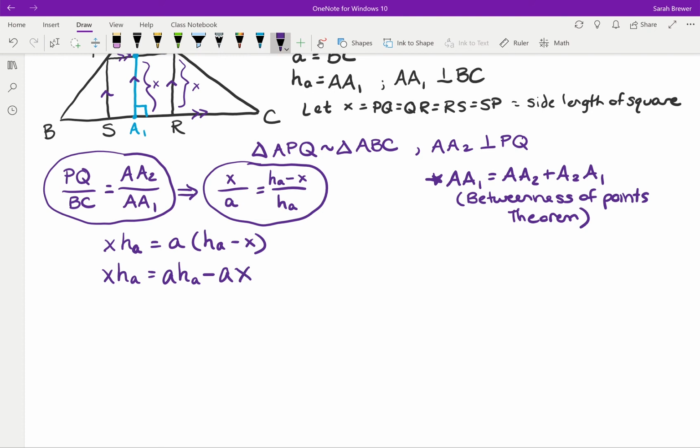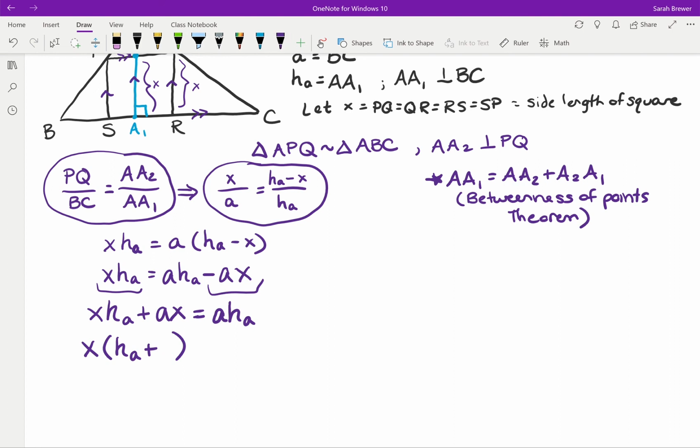So I'm trying to solve for x. Generally speaking, if I'm trying to solve for a variable in a linear equation, I want to get all instances of that variable onto one side of the equation. So I'm going to move ax over to the left. And so that's going to give me x HA plus ax equals a HA. Now I can factor out an x, which leaves me with HA plus a.